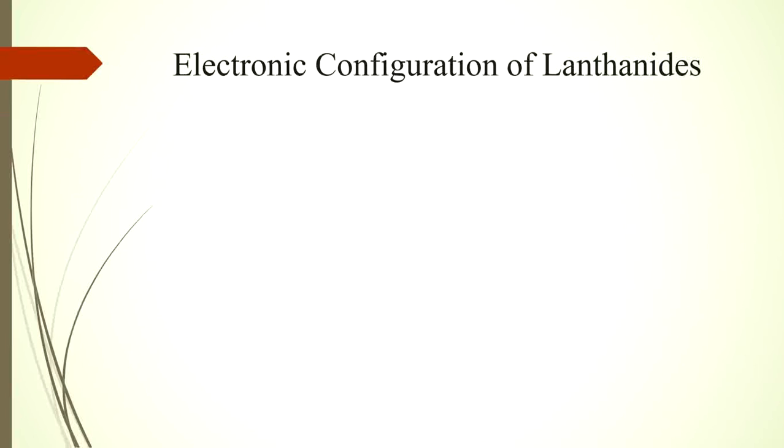When we are considering the electronic configuration of lanthanides, first of all, we should have a basic idea of electron filling, right? As per the rules and principles like the Aufbau principle, Pauli's exclusion principle, Hund's rule, we can have the electronic configuration of different lanthanide elements, and that will be our expected electronic configuration.